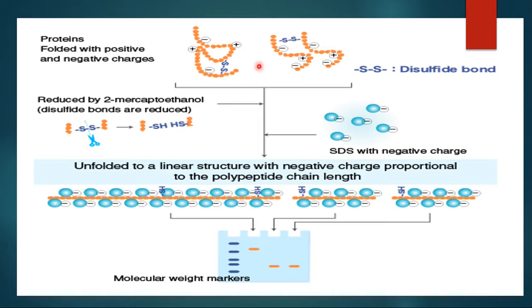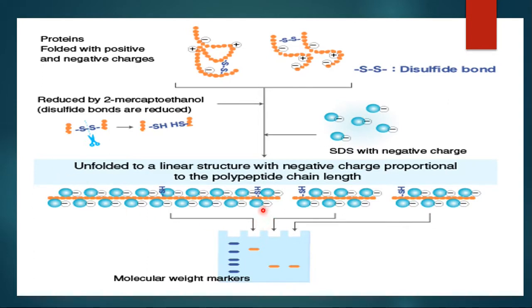So once again, the native proteins are going to be converted into the unfolded structure by two things: one is beta mercaptoethanol, another one is SDS. The beta mercaptoethanol is going to break the disulfide bonds present in the protein structure, and the SDS is going to give the negative charge to the protein molecules.